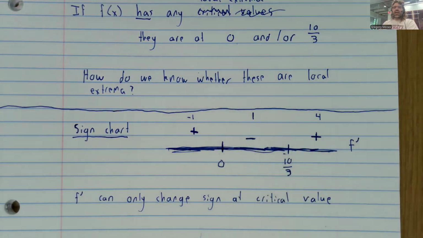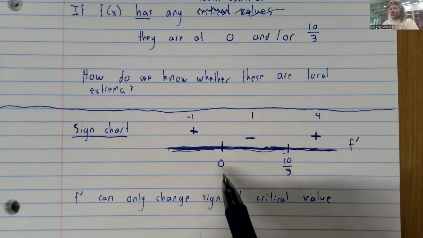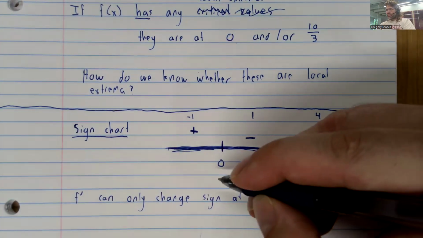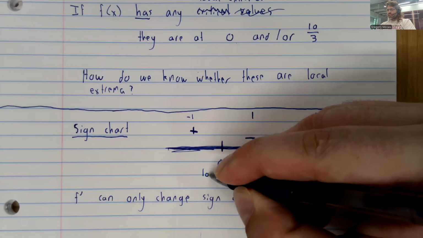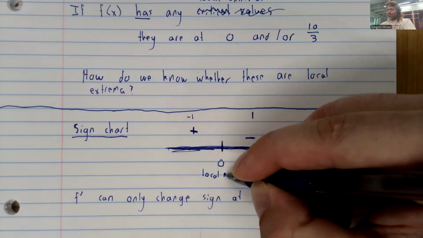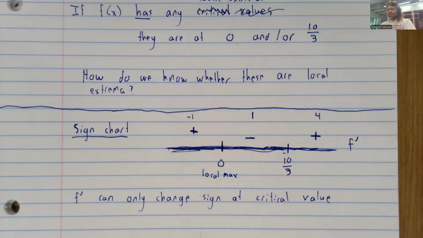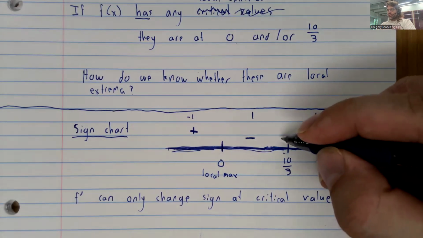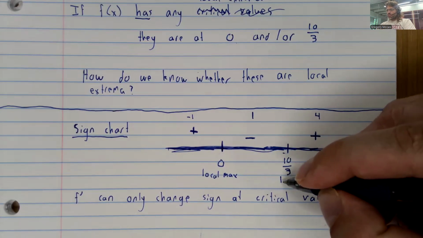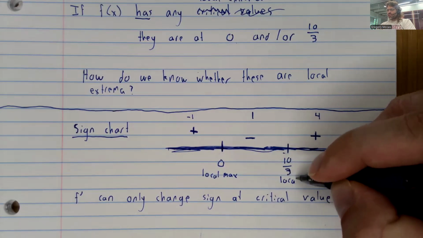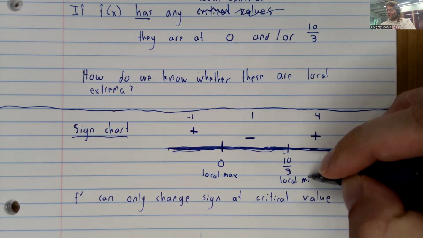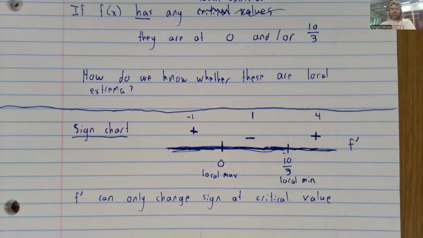And this is a sign chart. Now we can see that at 0, the derivative goes from positive to negative, so 0 represents a local max. At 10 thirds, we go from negative to positive, so this is a local min. And that's the first derivative test.